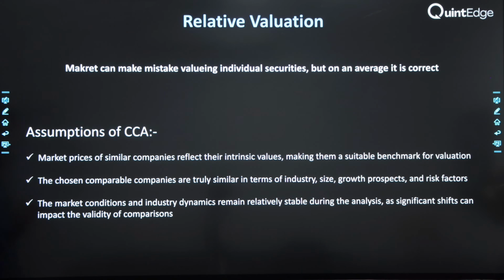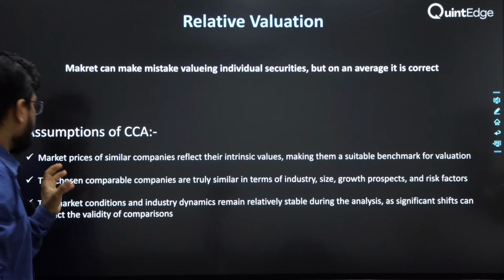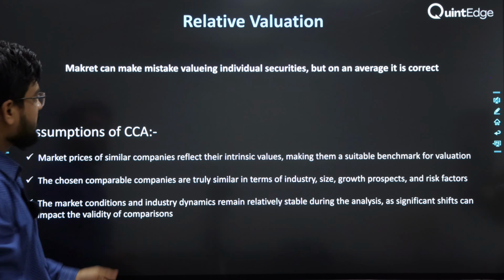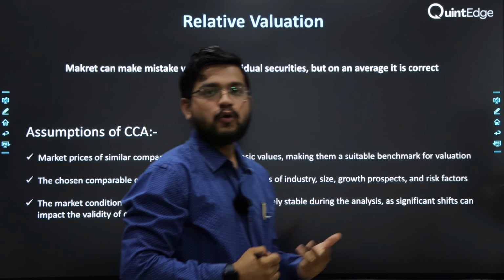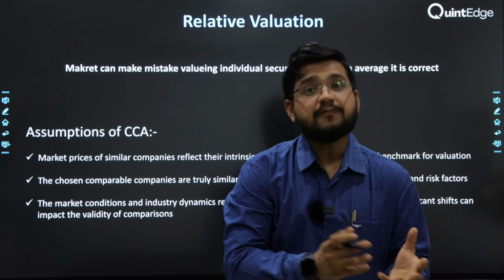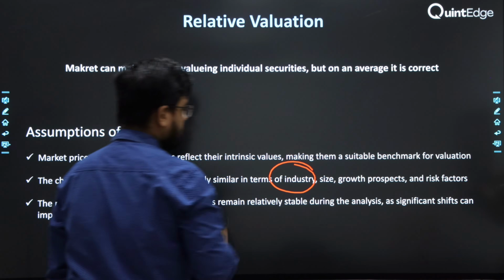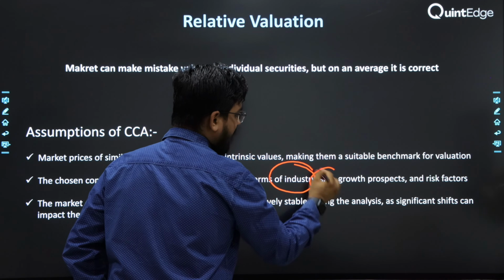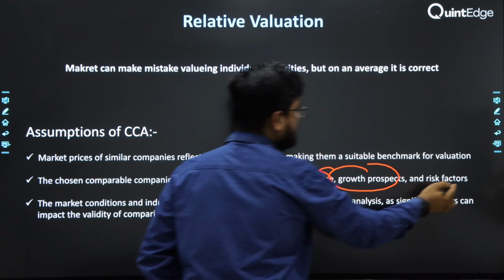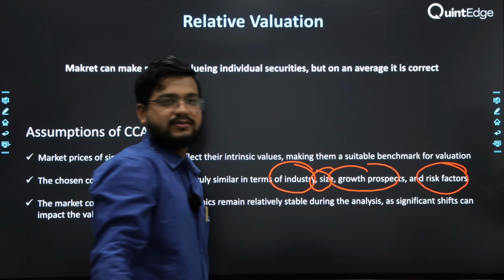Then the major assumption behind this is that TCS, Infosys, Wipro, L&T Mindtree, all of them are comparable. They are comparable in terms of their industry, size, growth prospects, and risk factors.